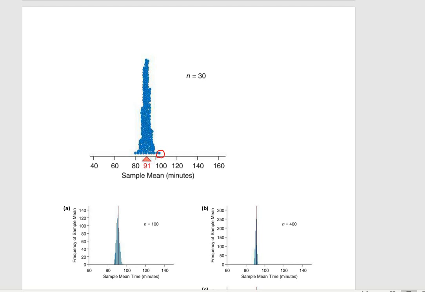So here we have 30 runners whose average was about 100 minutes. But here it looks like we had a couple of faster runners, and their finishing time was about 80 minutes.